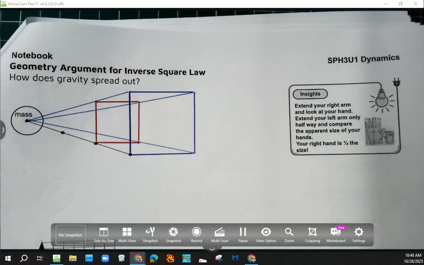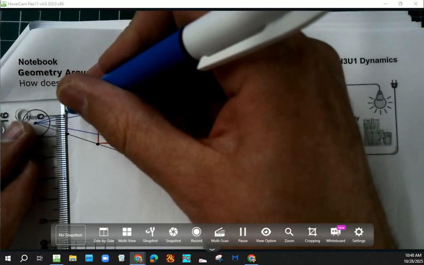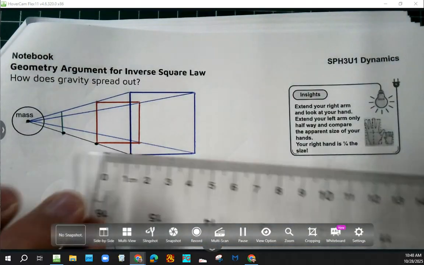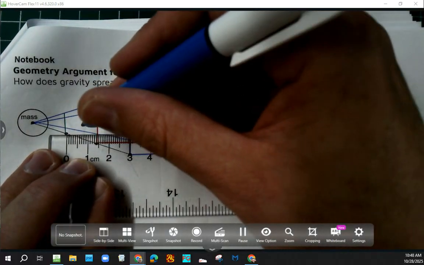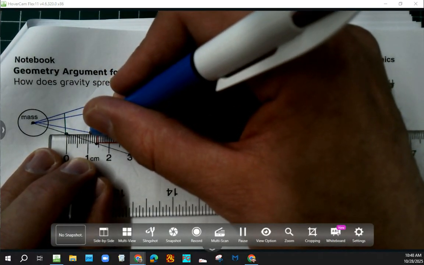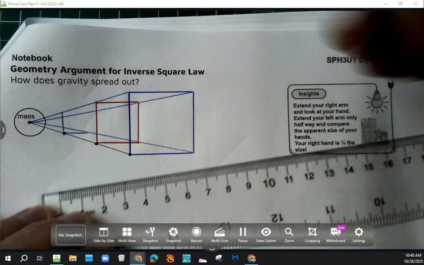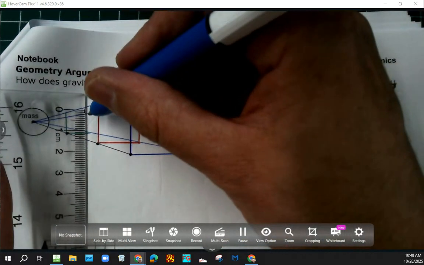So I love this in art, but in physics, I want to draw another one. I'm going to use green. Turns out that this one will end up being 1 centimeter by 1 centimeter. By the way, the dots that are along that line segment that we're making use of right now are all equidistant from each other.